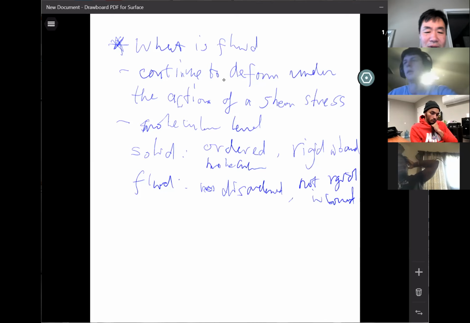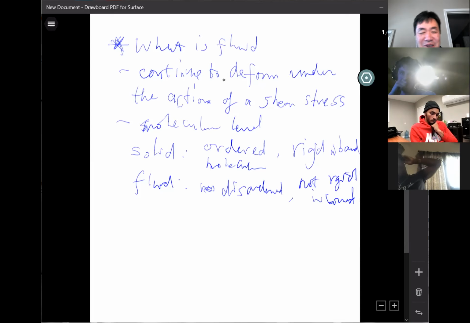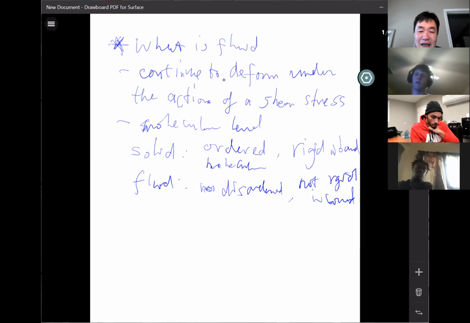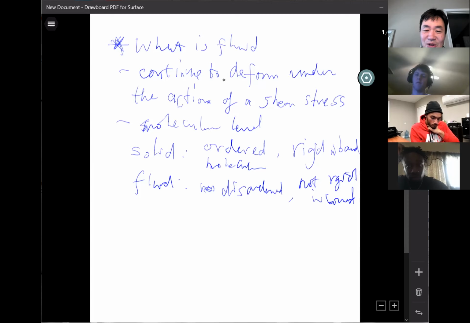But look at this. This definition is not good either for glass. If you look into the glass molecules, they are actually not ordered. They are very disordered, disoriented. It doesn't have a formed structure. But it's rigidly bound. It basically looks like a rigid bound.